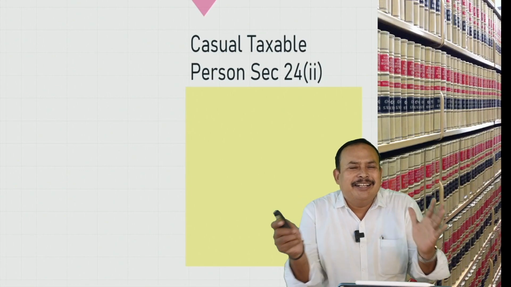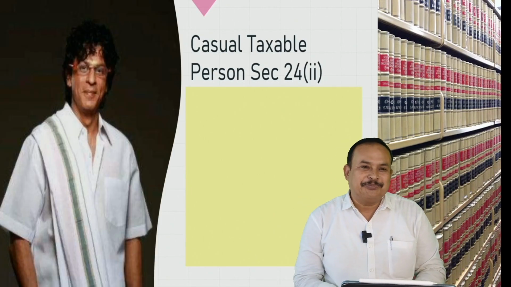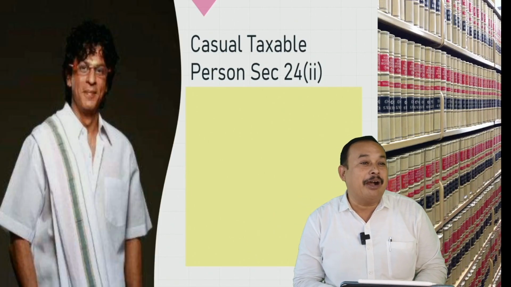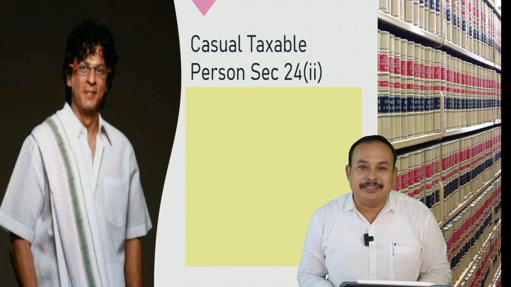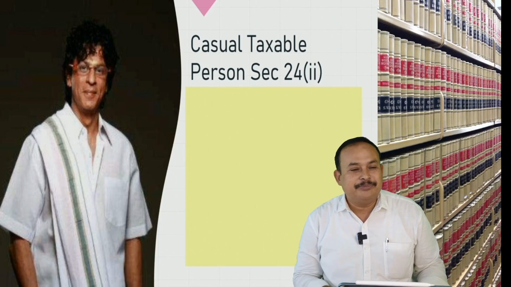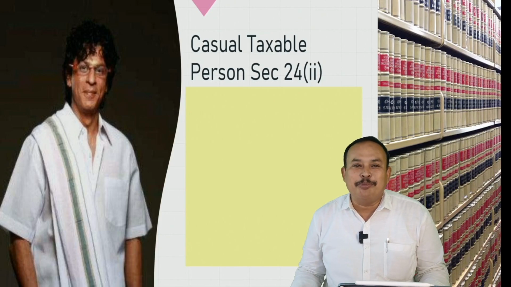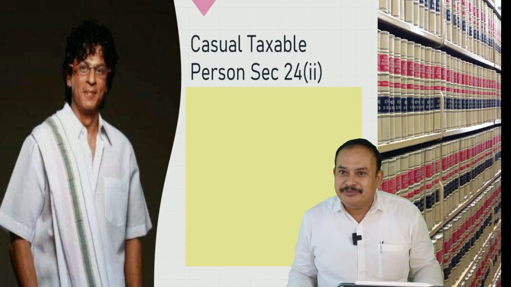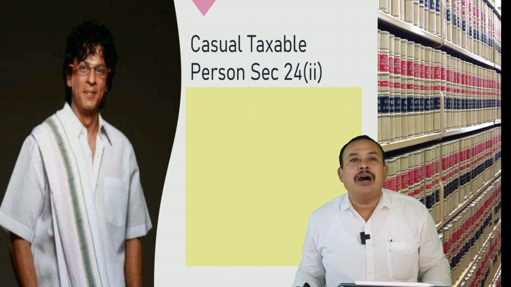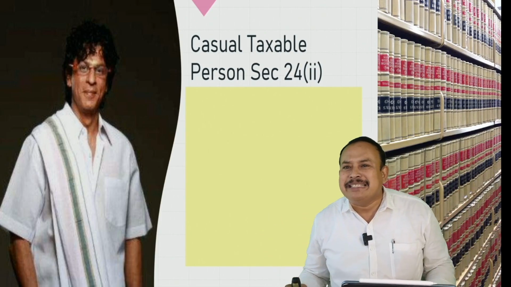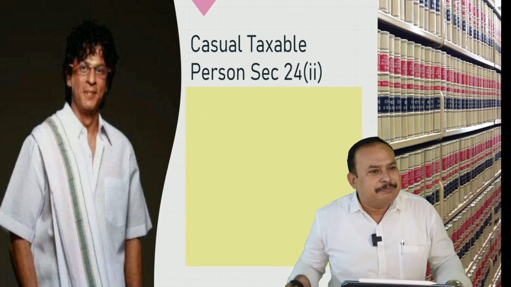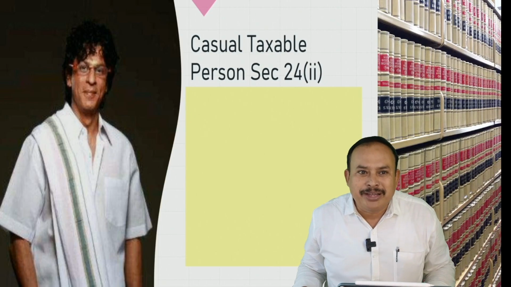Look at an eminent person, Mr. Shah Rukh Khan, eminent actor, belongs to Mumbai, Maharashtra. He is coming to Chennai for his business purpose. What business is he doing? A shooting business. You get my point?